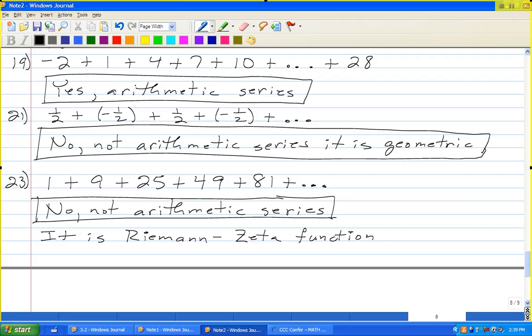And so this is 1 squared plus 2 squared plus 3 squared, etc. And it turns out that this is a millennium prize.